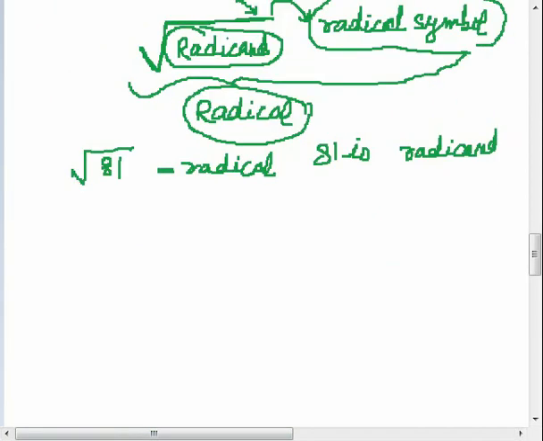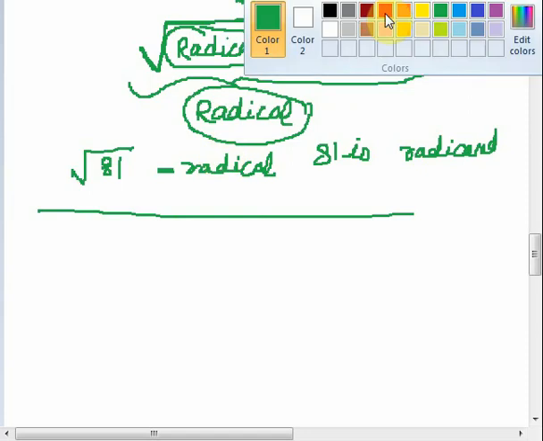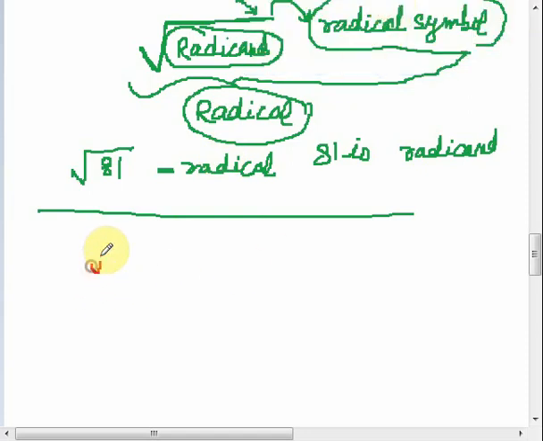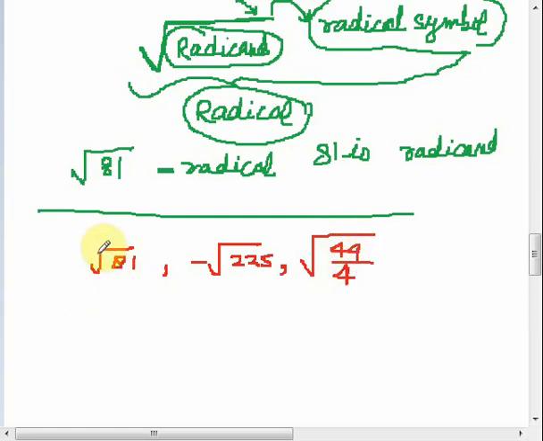Now we solve a problem. Let us find the values of these functions: under root 81, minus under root 225, and under root 49 divided by 4. As we have explained, inside the radical symbol every value is positive. So its value is 9, this is square of 15 so its value is minus 15, and its value is 7 divided by 2, positive.